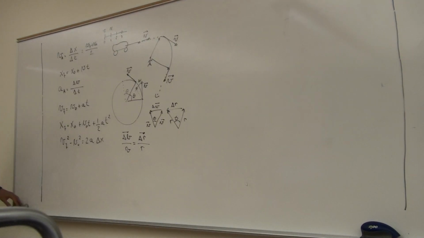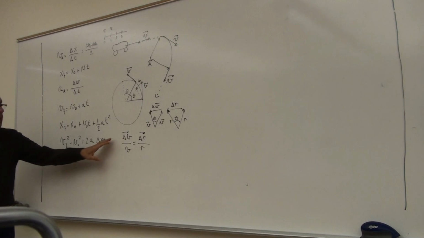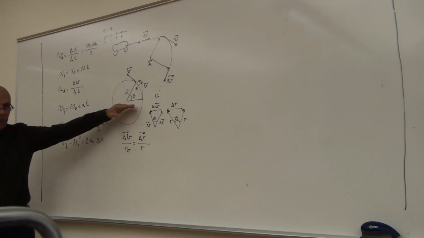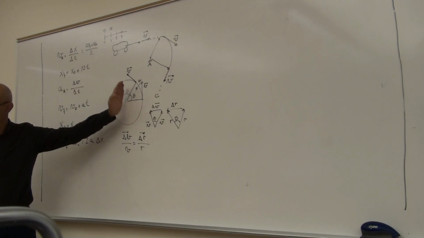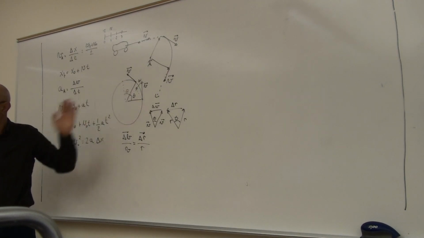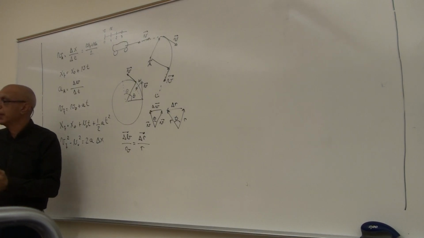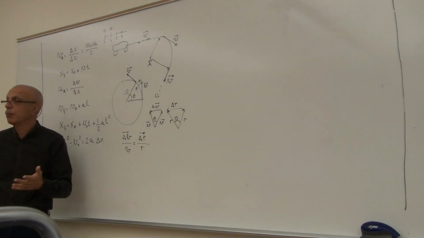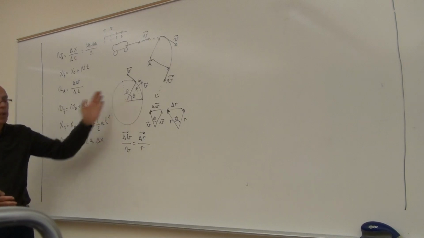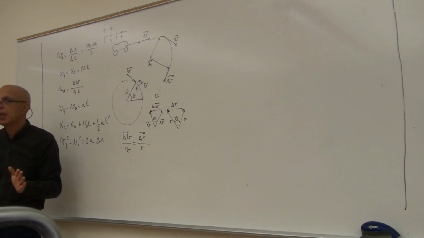Now, because this thing is moving and changing its direction, we know there has to be a force there. Using Newton's first law, there has to be an acceleration there.